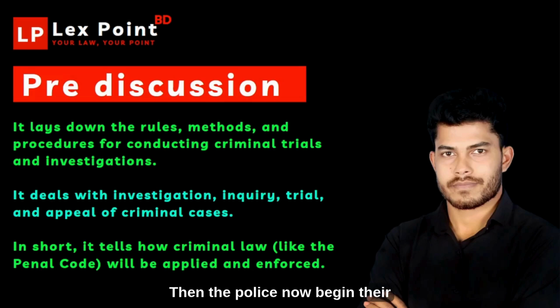Then the police begin their investigation, visit the crime scene, collect CCTV footage, record witness statements, or track suspects. Here, CrPC also provides the rules on how an investigation must be carried out, the powers of police, and the time frame within which the investigation report, that means the charge sheet, must be submitted.